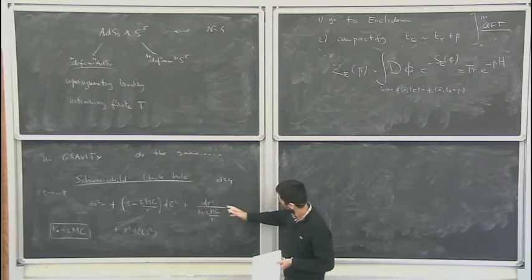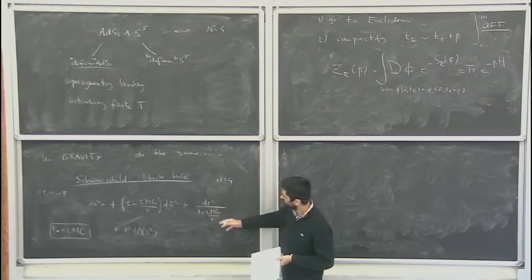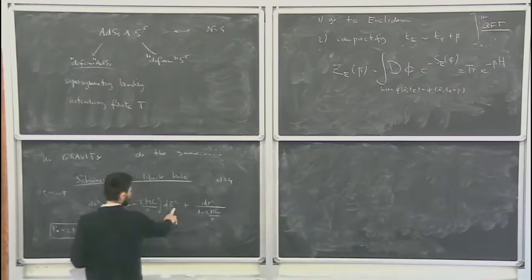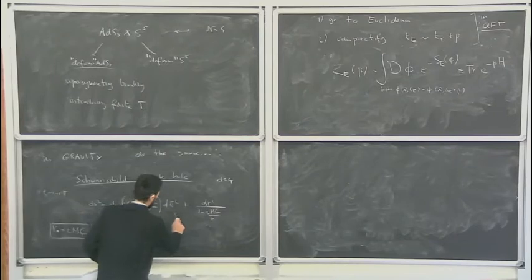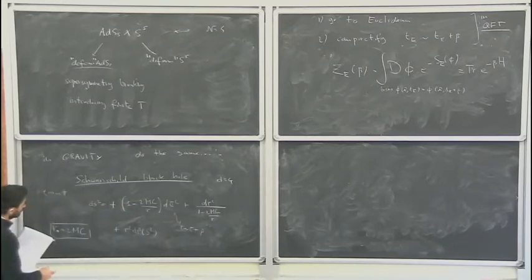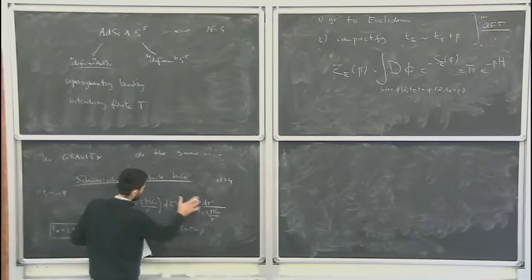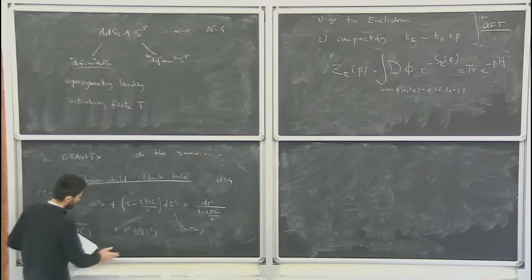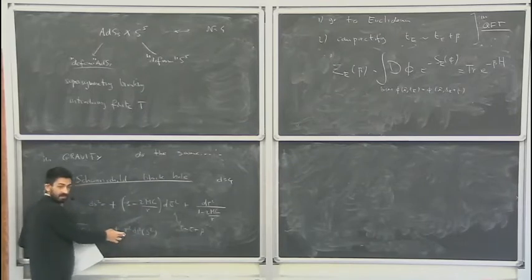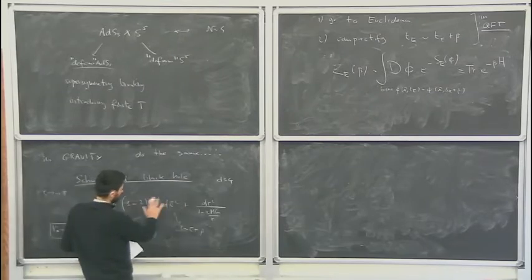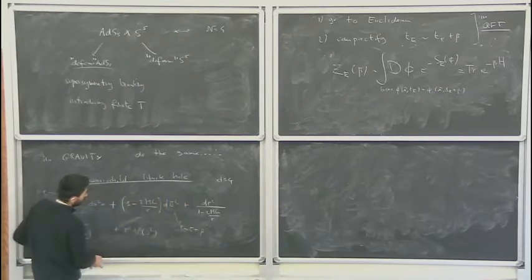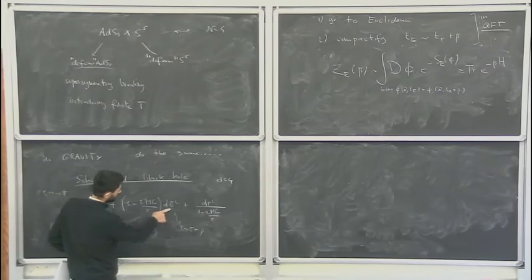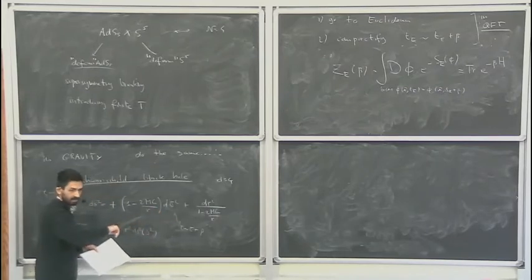So r here, as the name suggests, is a radial coordinate, and since now tau is periodic, you have to remember that tau is periodic with period beta, then this part of the space, there's nothing bad with this, because this is just some finite value, and this is the round 2-sphere. So you really have to worry about this part. And you see that because this is periodic, this is like polar coordinates in a plane.